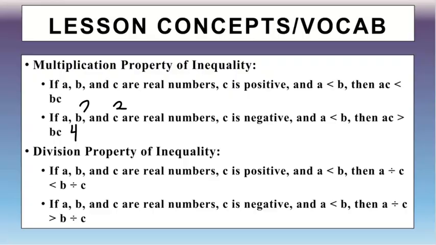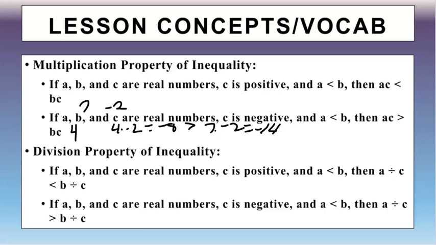But if c was a negative 2, then it would be 4 times negative 2, which is negative 8. And 7 times negative 2 would give us negative 14. Well, negative 14 is further to the left of 0 than negative 8. So negative 8 is actually greater than negative 14. So just know when we multiply by a negative number, we have to flip the symbol.